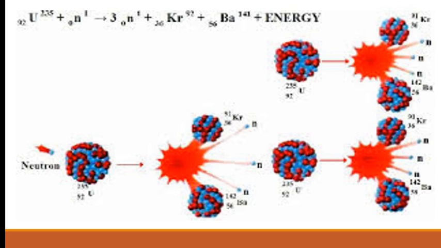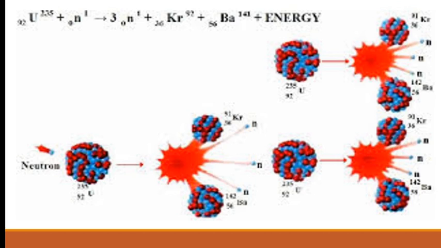So this is a picture showing the nuclear chain reaction. Here you can see a neutron hitting a uranium nucleus, splitting into barium and krypton along with the 3 neutrons and a large amount of energy. Here the energy released is shown in the red color.